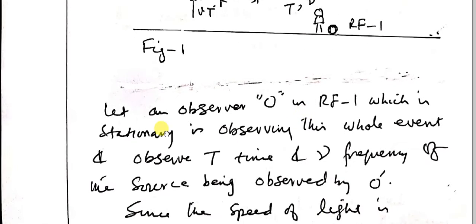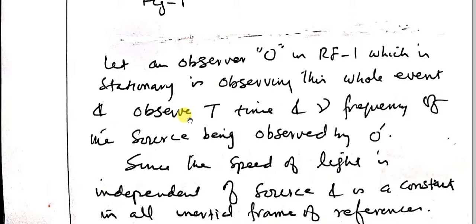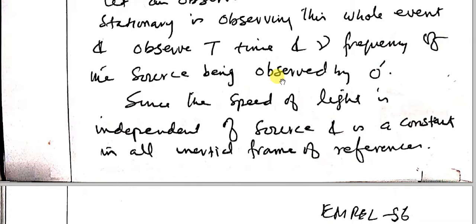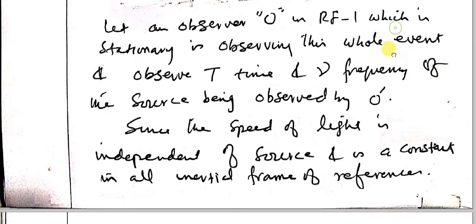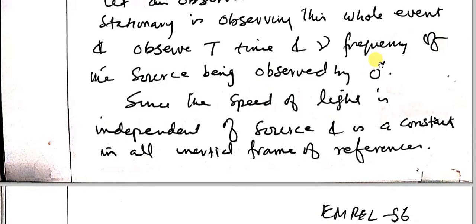Let an observer O in reference frame 1, which is stationary, observe this whole event and observe the time t and the frequency nu of the source, as observed by O prime.